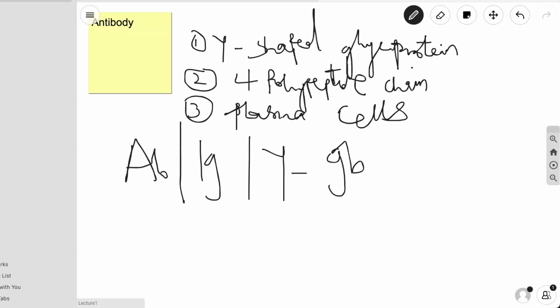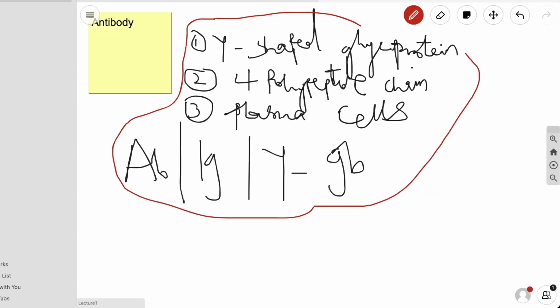So now, knowing all these concepts I have stated here, let's define antibody in a beautiful way. If I may ask you, what is antibody?